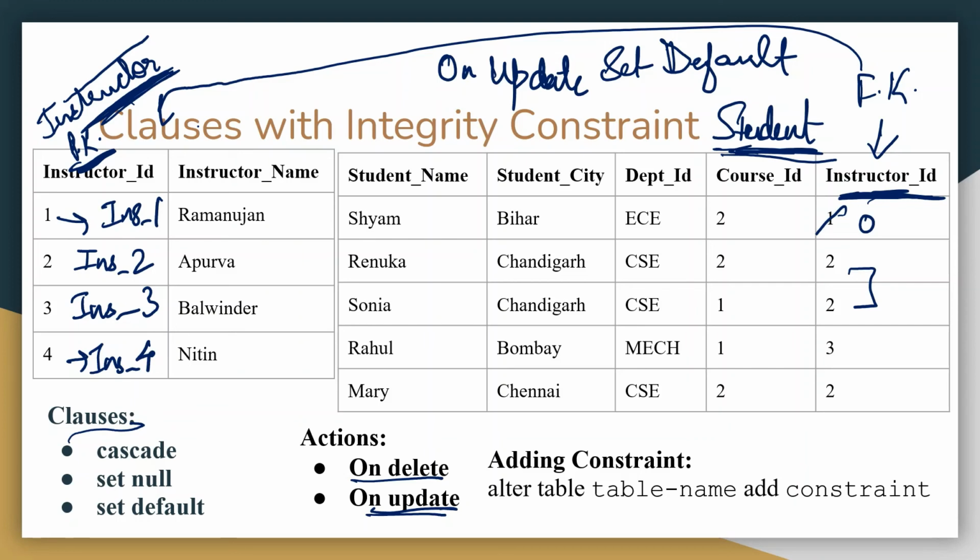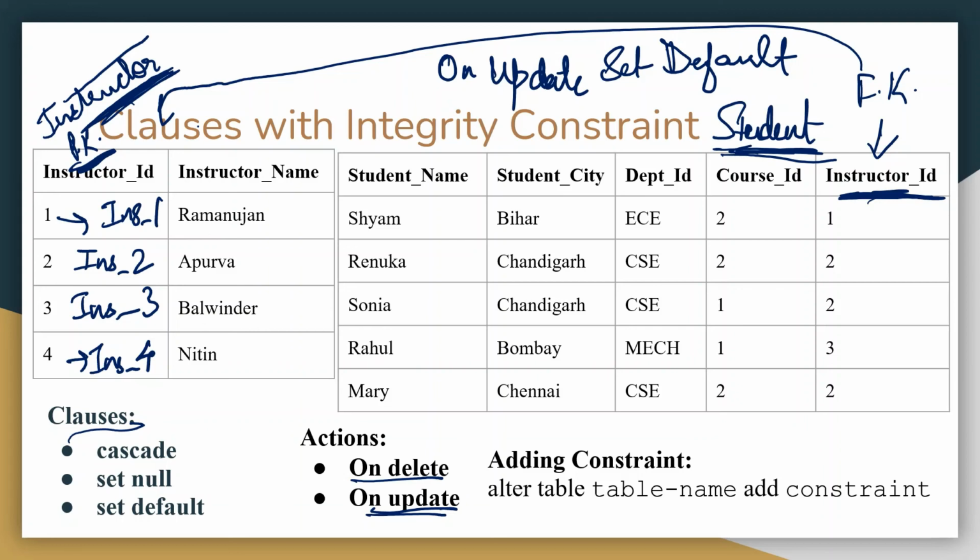Then what should we do in order to keep the database in a consistent state? We can make the same updations in the next table. So the most ideal operation in this case should be on update cascade. On update cascade means make the same changes to the second table which are being made on the first table.